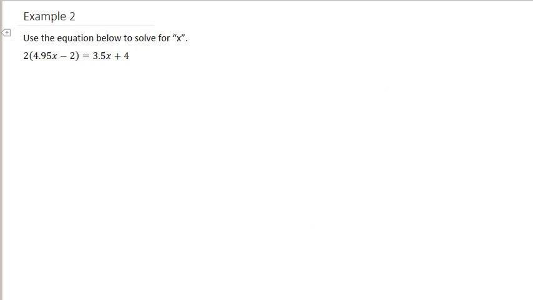Example 2. Let's solve for x now in this equation. We're going to have a couple more steps with this. We can see we have a distribution that we need to do with this 2 by multiplying by these two terms. So let's first get our calculator out, or let's actually rewrite this.